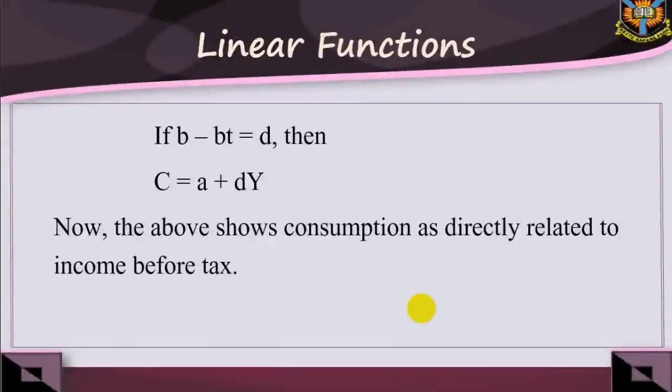If b minus bt equals d, then c equals a plus dy. Now, the above shows consumption as directly related to income before tax.